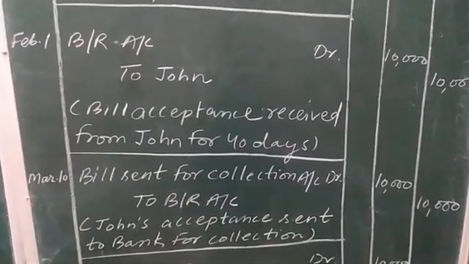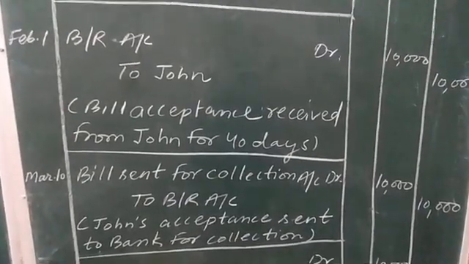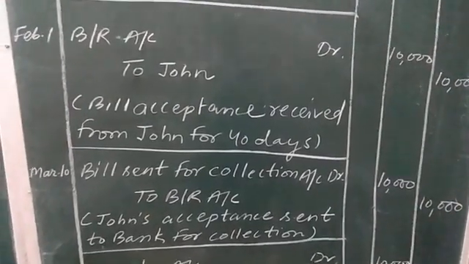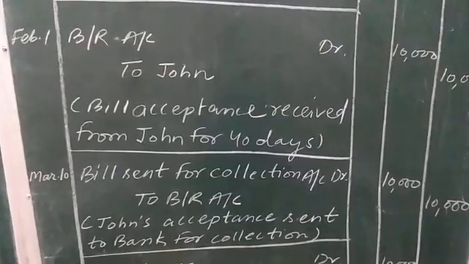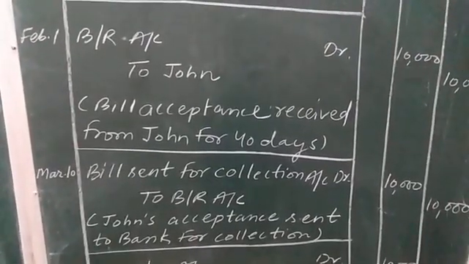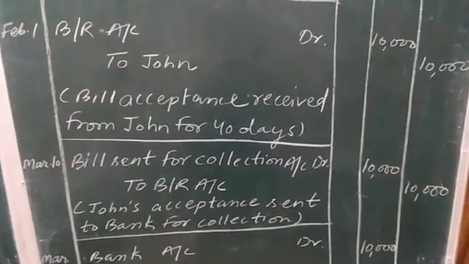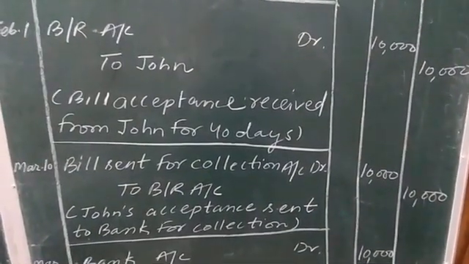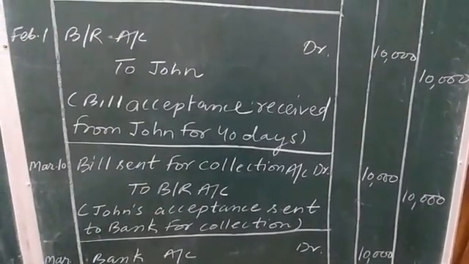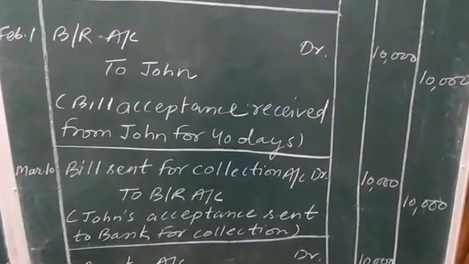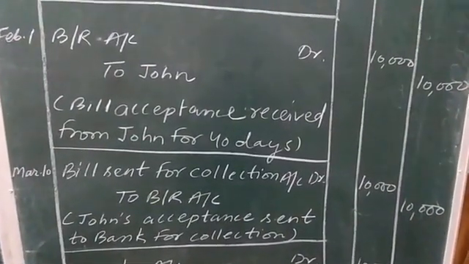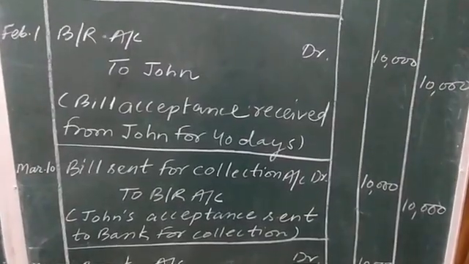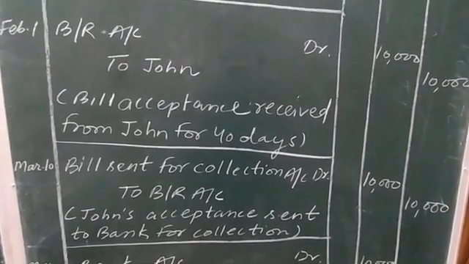The journal entry I already explained to you in the previous online class session. In such cases, bill sent for collection account debit to bill receivable account. Bill sent for collection indicates the bank, which will be the debtor at the present stage for Jimmy.